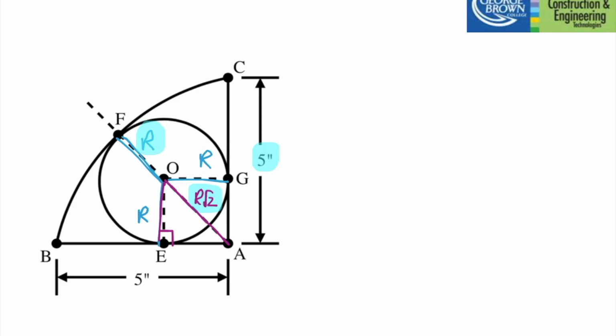So let's just reveal those annotations a little bit nicer. And we just compare the two quantities. So we have the 5 inches. Let's just write down the R plus R root 2 first. So R plus R root 2 is 5. And that's it. If you convert the root 2 to a decimal, this answer will not take you very long.